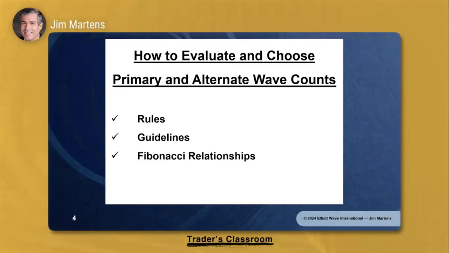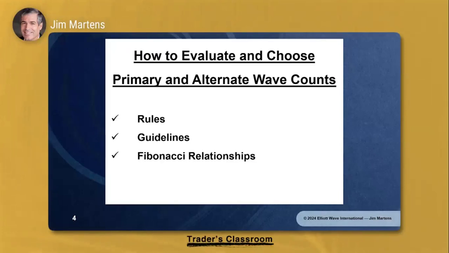We go through a rating system, and the ratings are based on how well each available count follows the wave principle rules and guidelines. The latter, the guidelines, include common relationships between related waves. So again, grading each count with the rules and guidelines helps us determine which count we should favor.